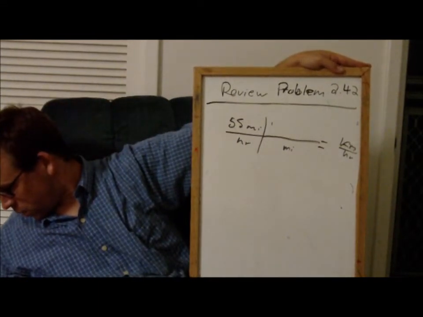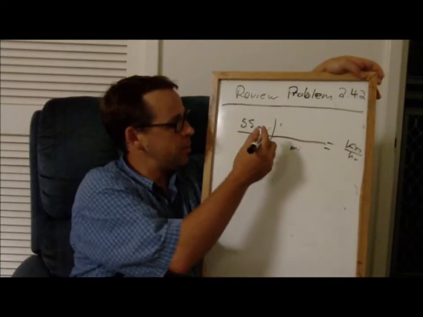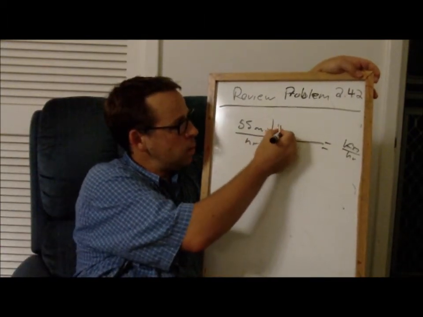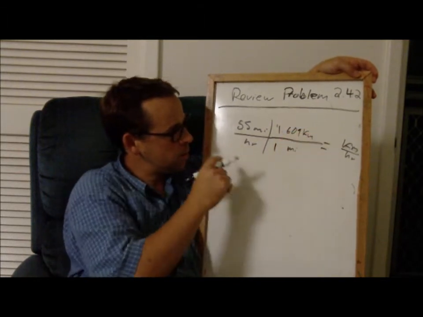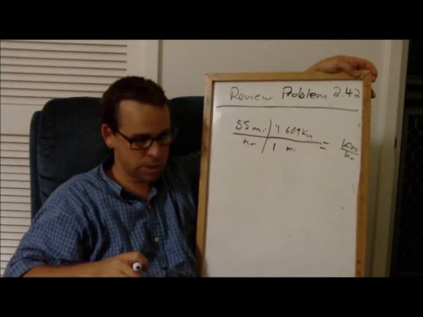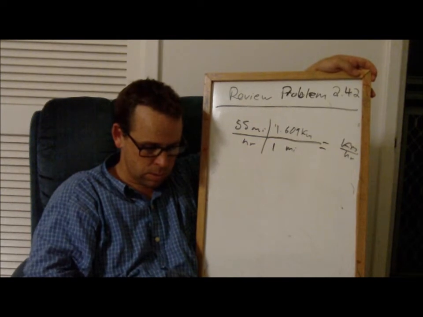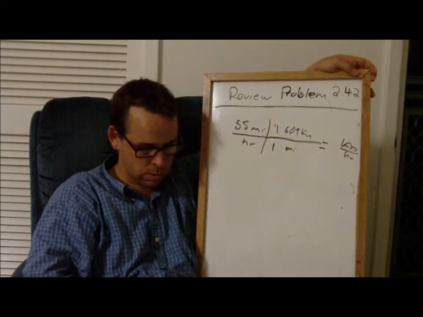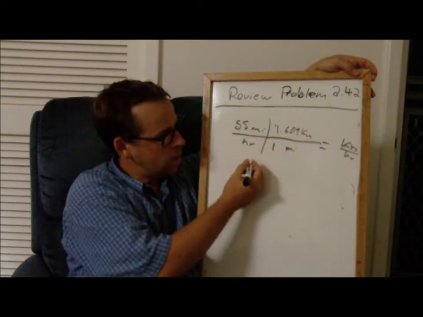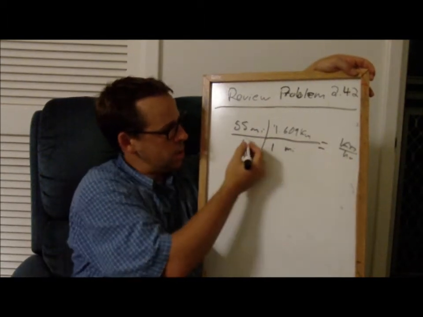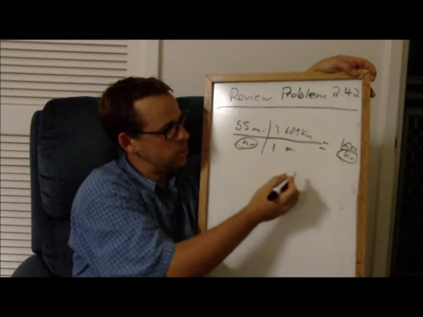1 mile is 1.609 kilometers. Alright, so 55 times 1.609. So that's 88.495 kilometers. And hours are the same here and here, so we don't have to do anything there.